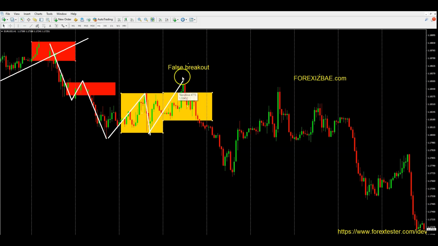And what else is this? You guys know this pattern here? You can either use the 3 or you can use the 2. If you use the 3, it will be considered an evening engulfing pattern. If you use the 2, it will be a bearish engulfing pattern. So let's just go with the bearish.